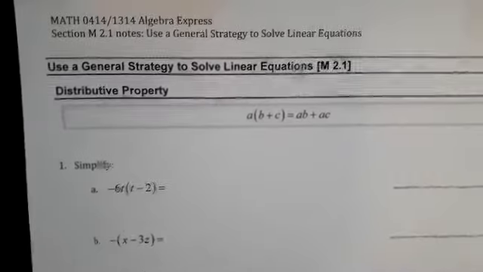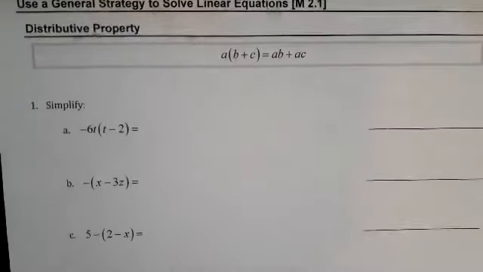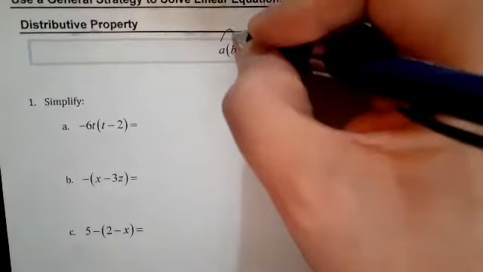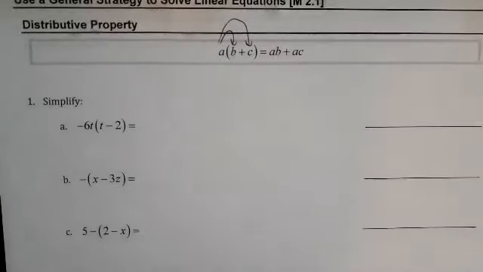Okay, and so a little bit about distributive. If we look at the distributive property, I think most of you are probably somewhat familiar, but if you need to, we can look at it like A gets multiplied to B and A gets multiplied to C. Sometimes people like to draw arrows to indicate what's happening.